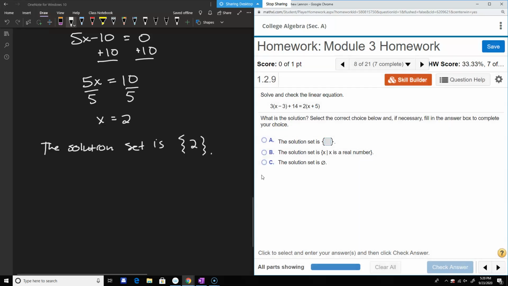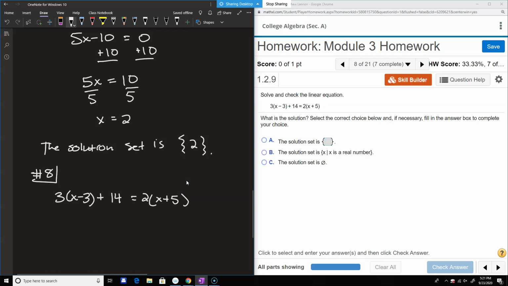Okay, and then this next one is not any more difficult. It just requires a little more unwinding. So we're going to do the same thing where we want to get x's on one side and regular numbers on the other, but we have to do a little distributive law on two parts of the equation to remove the parentheses, right? Now that we have variables, we can't just combine what's in the parentheses.